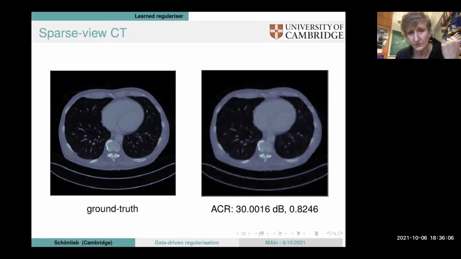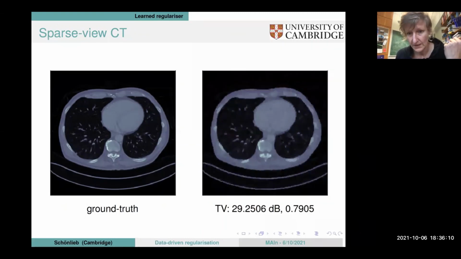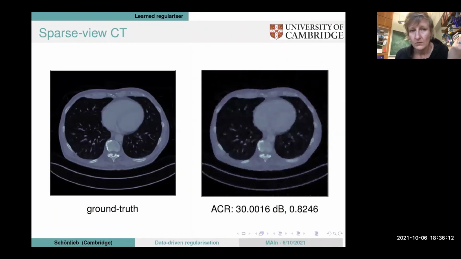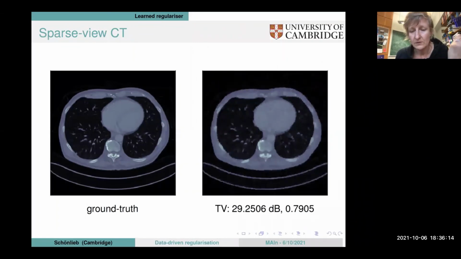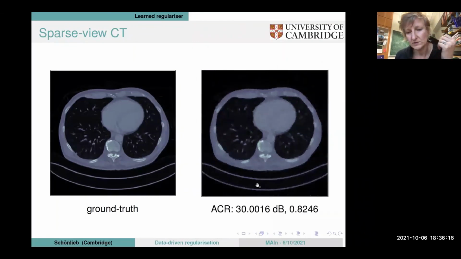This is what you get with the convex version of the adversarial regularizer. And here, we were happy because we got quantitatively better, definitely by 1 dB in the signal to noise ratio. But the convex regularizer at the moment is really constrained by the kind of parametrization we are using.